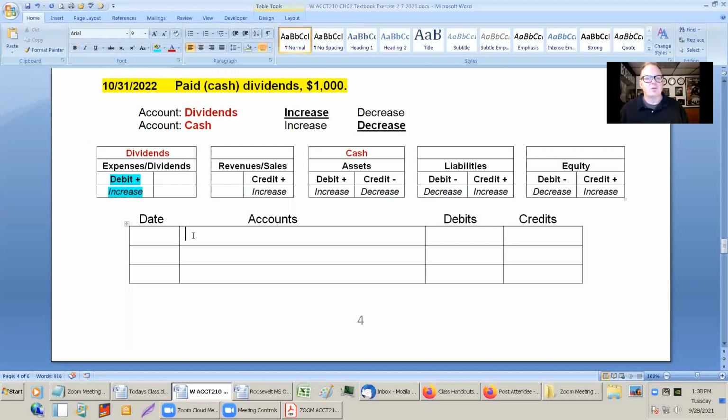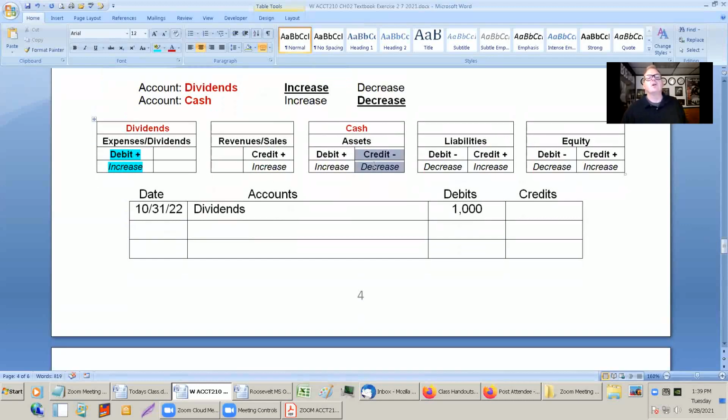Okay. So dividends. Okay, highlight the cash.